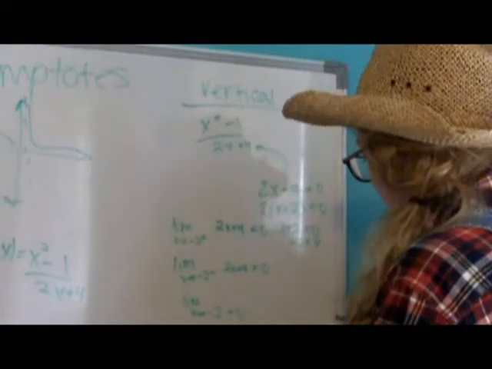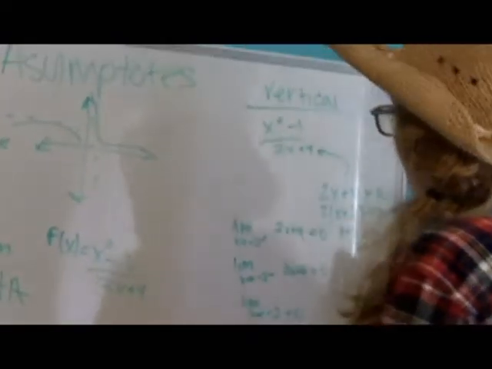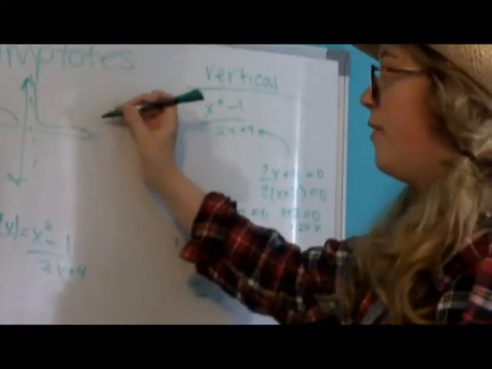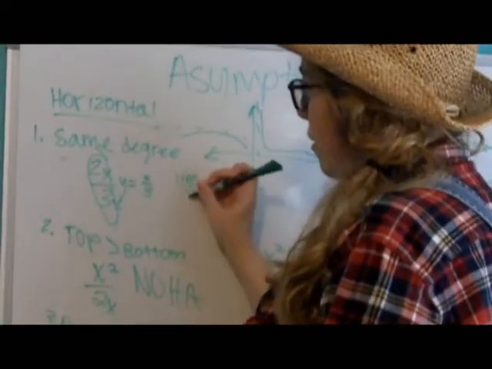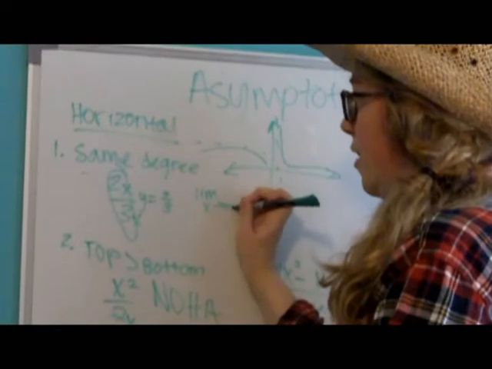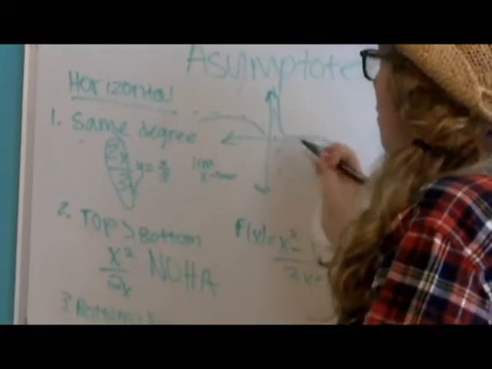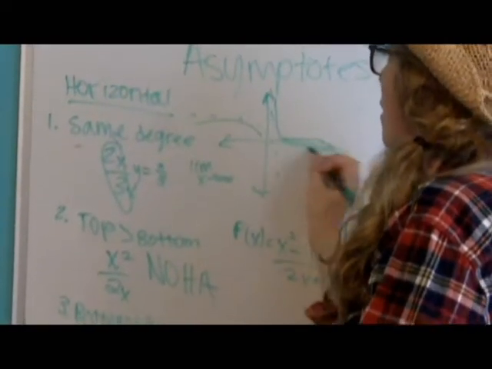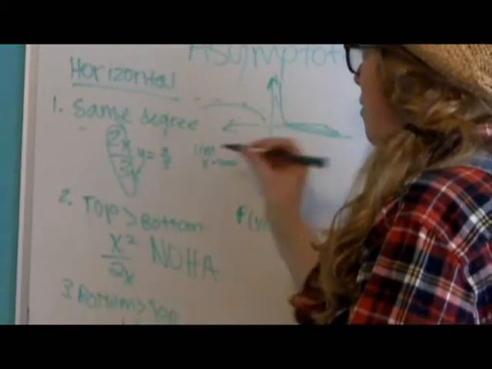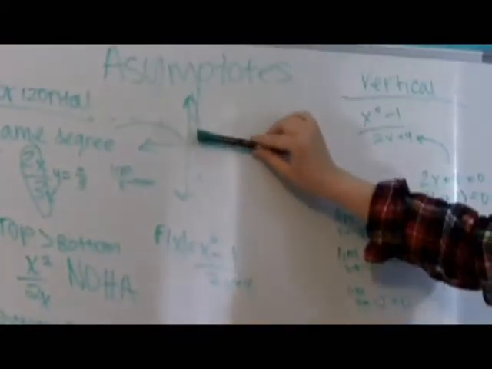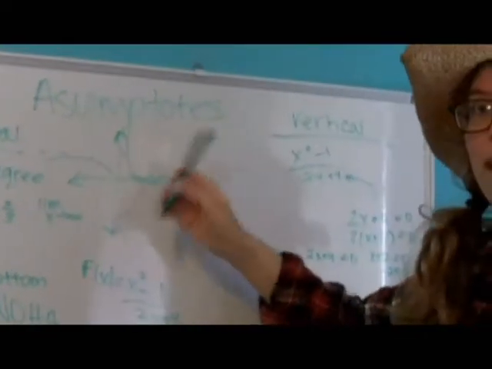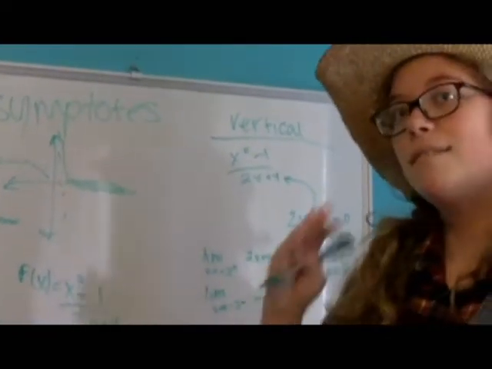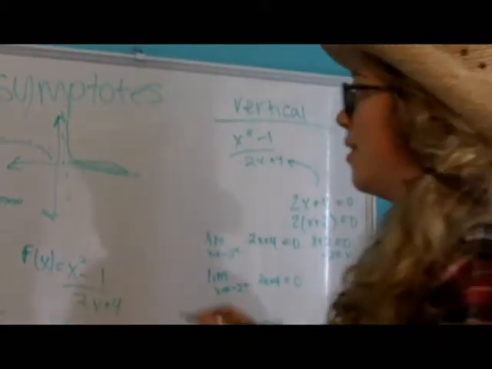You also need to remember that as x approaches infinity, in the case of the horizontal ones, it's going to be the line. So your horizontal asymptote on the bottom or on the top is going to be where, as x approaches infinity, y is never going to cross that value.